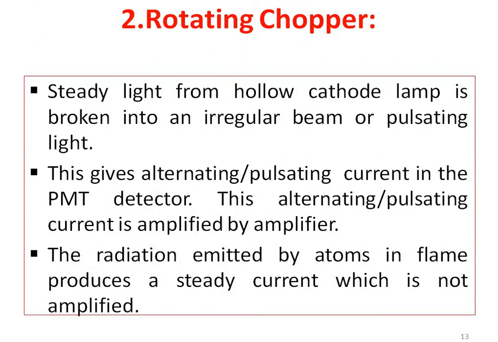Steady light from the hollow cathode lamp is broken into an irregular beam or pulsating light. This gives an alternating or pulsating current in the PMT detector, that is the photomultiplier tube detector. This alternating or pulsating current is amplified by the amplifier. The radiation emitted by atoms in the flame produces a steady current which is not amplified.